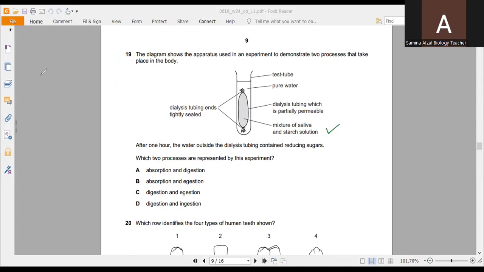Saliva is used to digest the carbohydrates or the starch into glucose molecules. Starch is broken down into glucose molecules by the saliva, and saliva contains an enzyme.